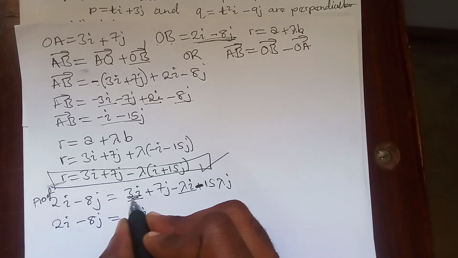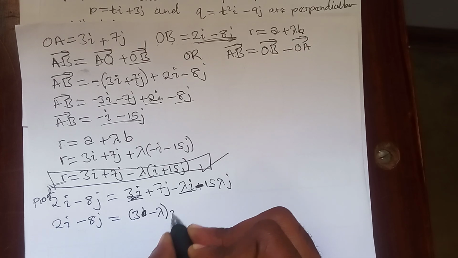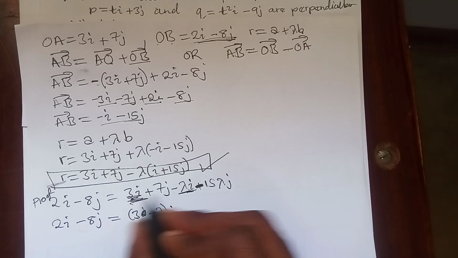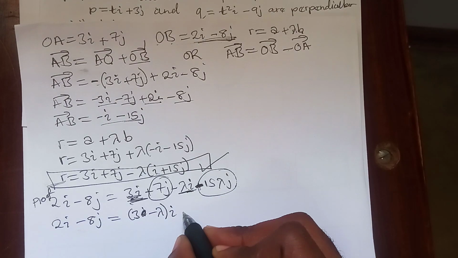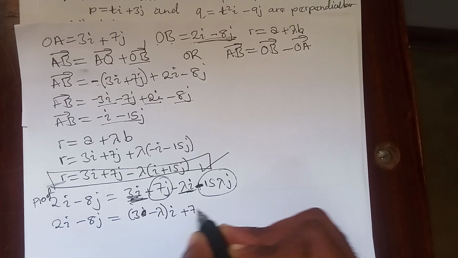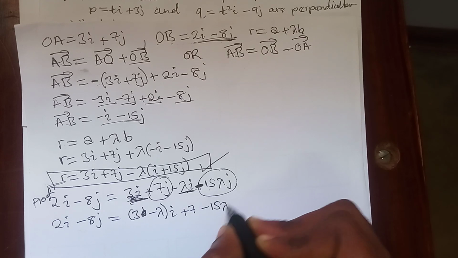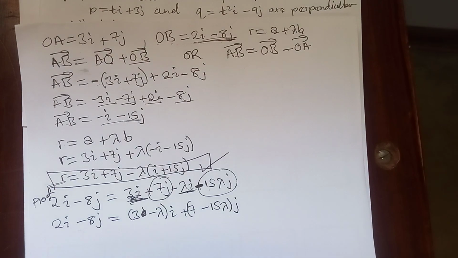So I've just gotten this one and this one. I'll factor the i out, this minus this, and then I can get this one together with this. So I have 7 minus 15λ. Let me factor the j out like this.